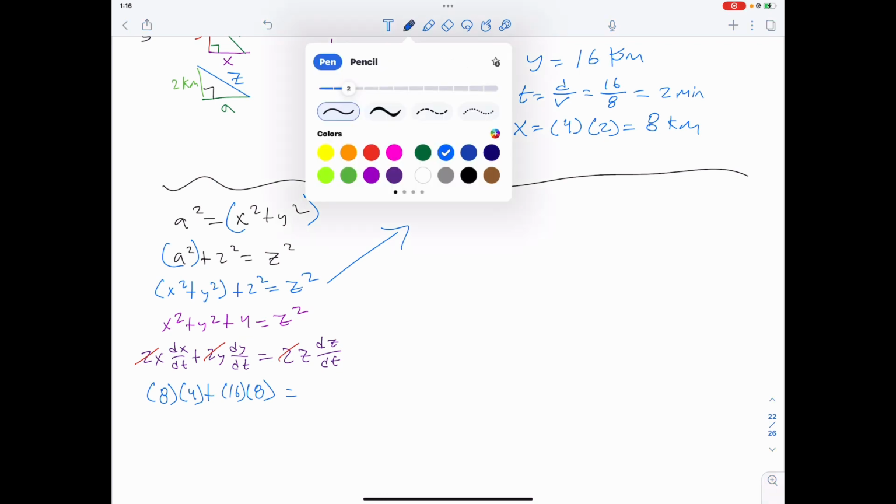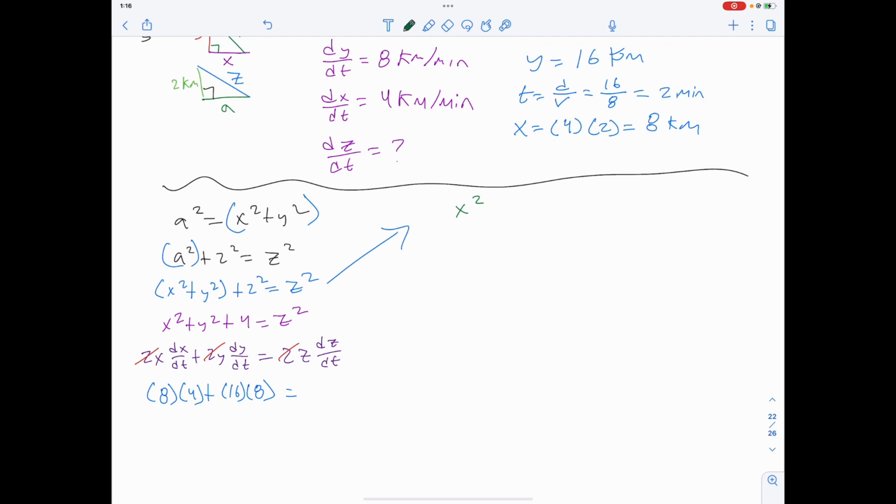We can say that if x squared plus y squared plus 4 is equal to z squared, well, we know our x and our y, so 8 squared plus 16 squared plus 4 is equal to z squared, which means that 324, when I combine those, is equal to z squared. And when I square root both sides, 18 kilometers is equal to z.